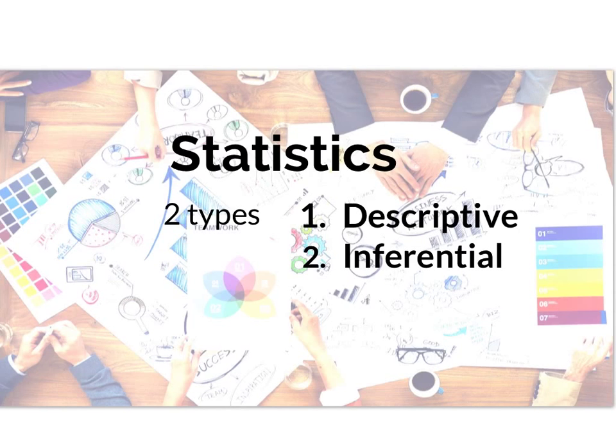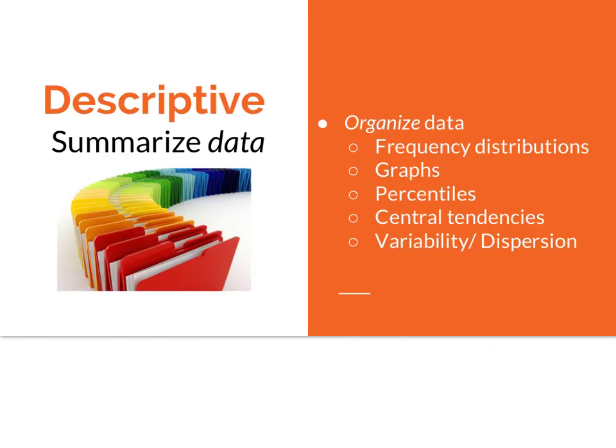So descriptive statistics are going to give us an easier way to detect any trends, to identify the main behavior or behaviors of that data. And it involves the following concepts, and there are more, as you will see in the slides: frequency distributions, graphs, percentile, central tendencies, or measures of central tendency, and variability, which is the same thing as dispersion, measures of variability or measures of dispersion.